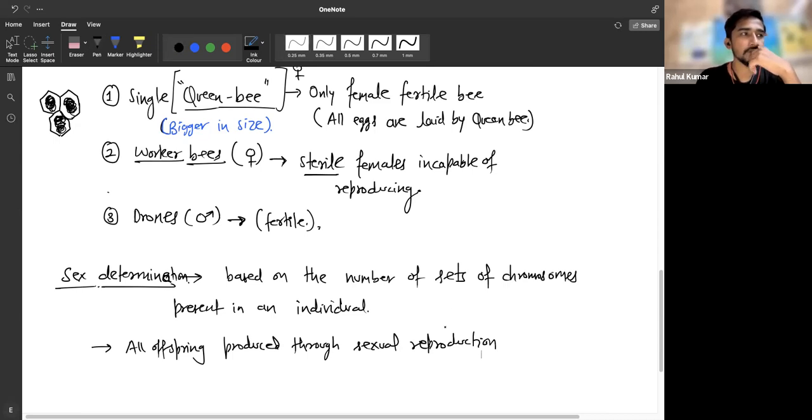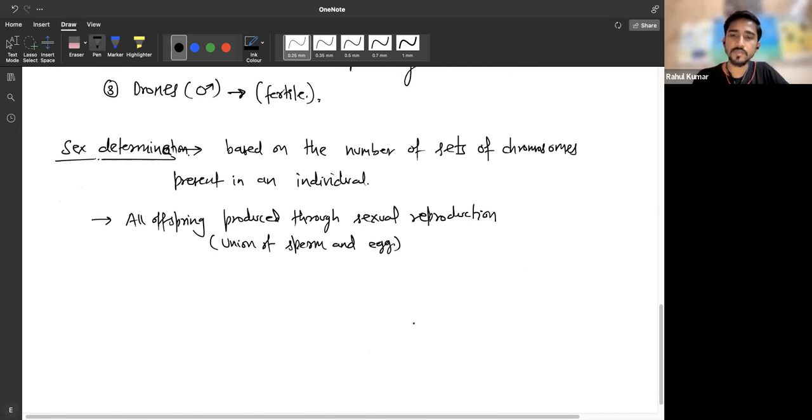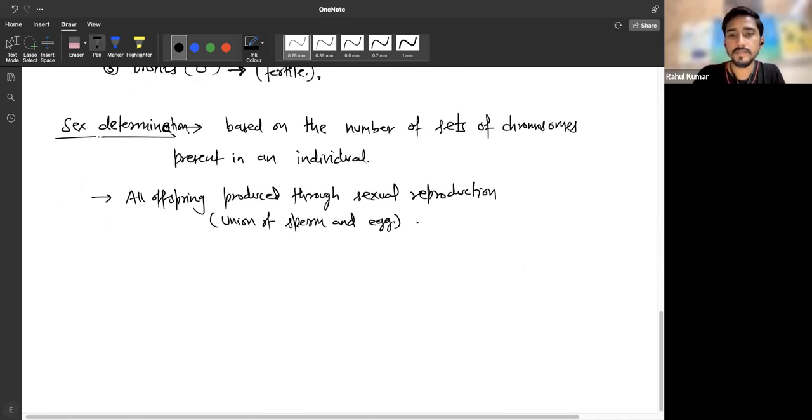What does sexual reproduction mean? In bracket, write down, union of sperm and egg. So all the offspring which are produced through sexual reproduction, union of sperm and eggs, develop into a diploid female. Is it clear?